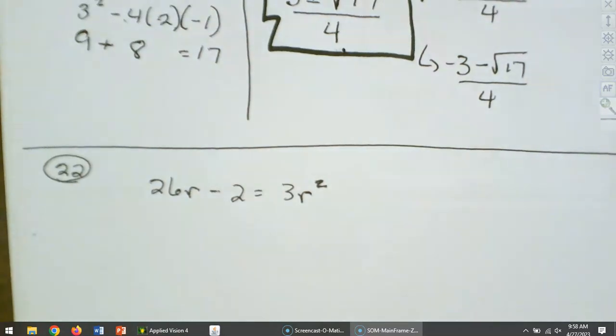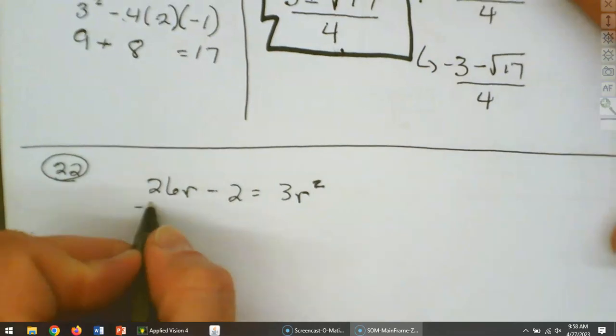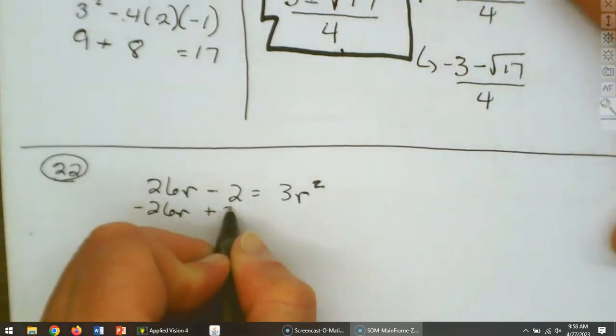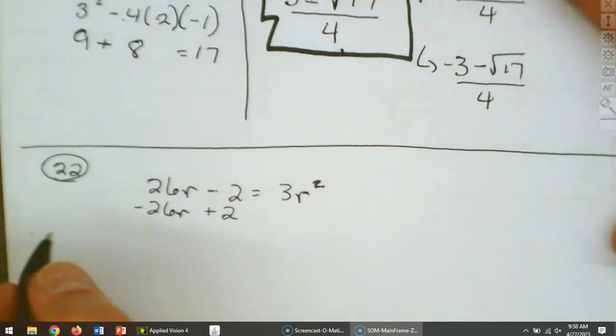So what we need to do is we need to make sure that it's set to 0. Currently it is not. And you also want to make sure that the squared number is positive. If it's negative, you have to divide it out to get rid of it, which we'll do one of these in a moment. But this is not set to 0 yet, so let's go ahead and try to set this to 0. So I'm going to move that 26r over and the 2r, and the 2 over.